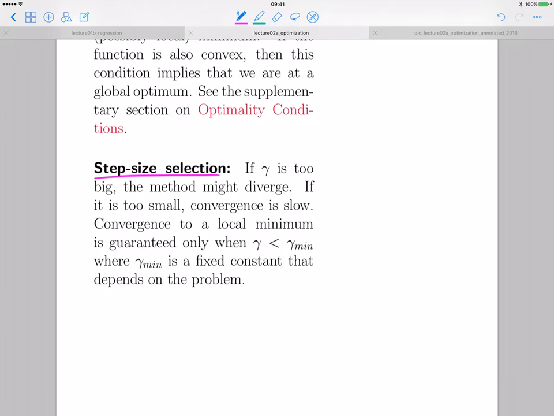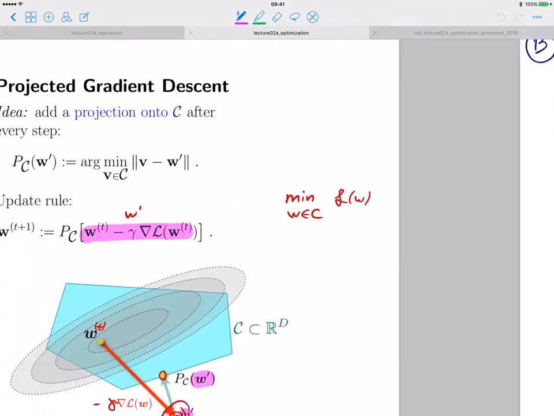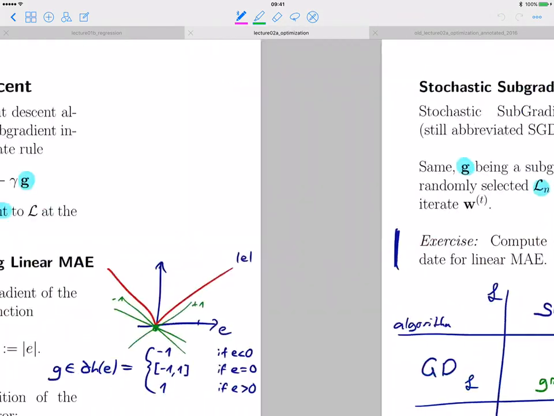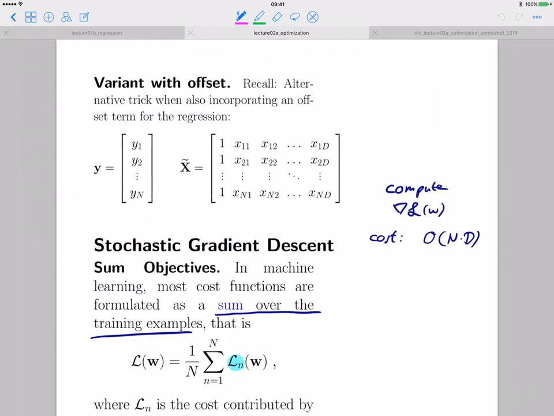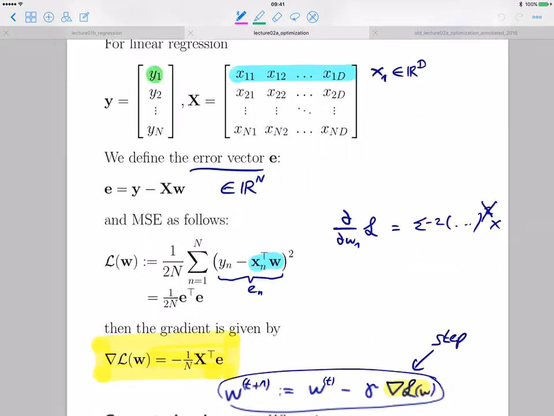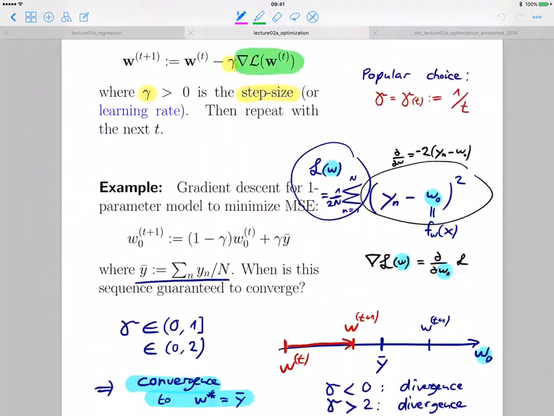It will not have this property that it will jump away from the optimum and jump like crazy, go further and further away, which we had seen in the one-dimensional example here, right? It has been a while.